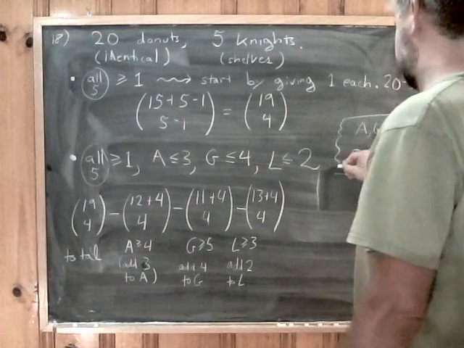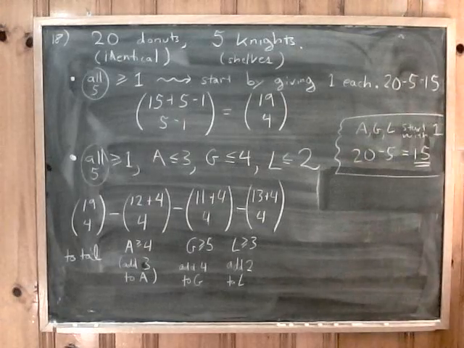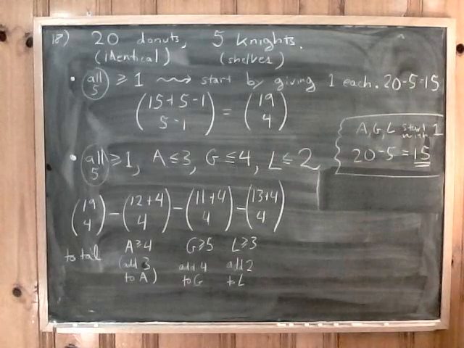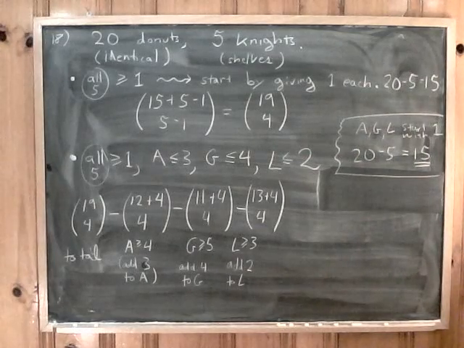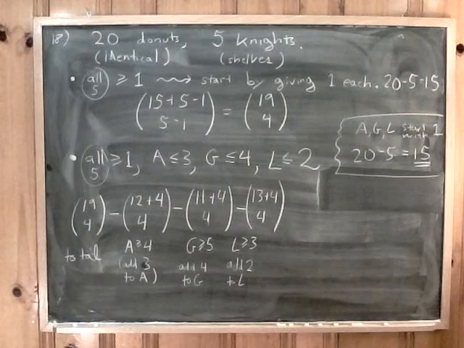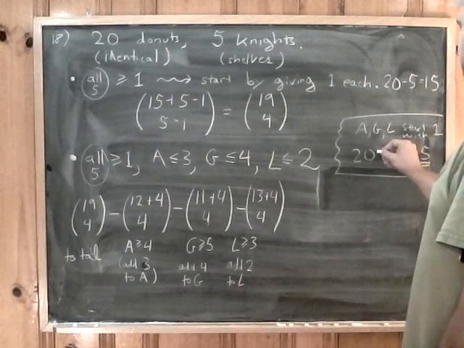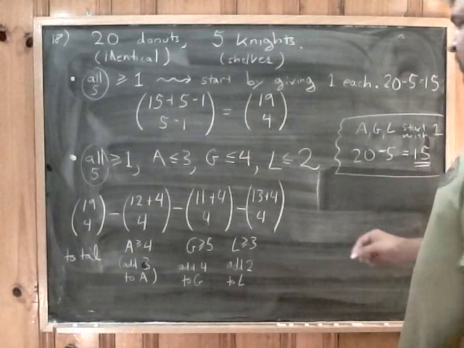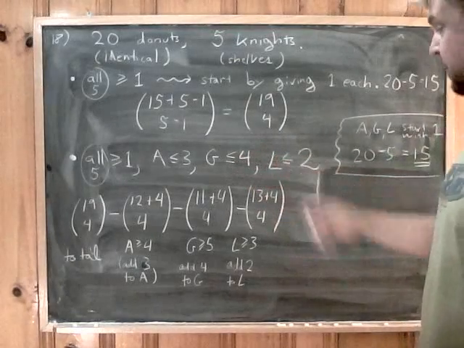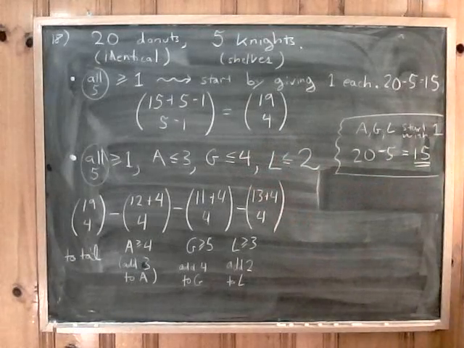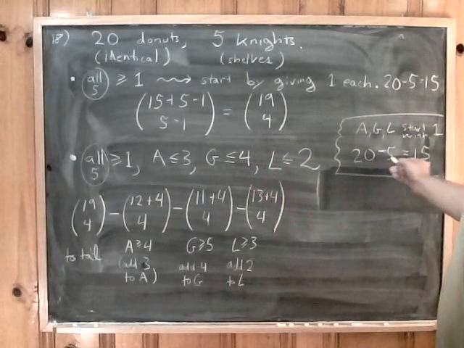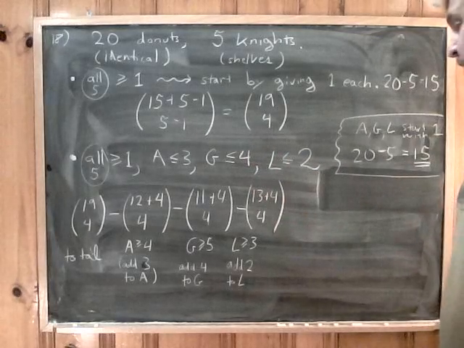In case you're looking back at the end, A, G, and L did start with 1. They all started with 1. There's 2 other knights that we're not naming here. We can look up some knights in the round table. They all started with 1, but the reason I wrote down A, G, and L starting with 1 is because those are the ones that have an upper limit, so I needed to remember that for them. I took care of the fact that they all start with 1 by dropping it to 15 already.